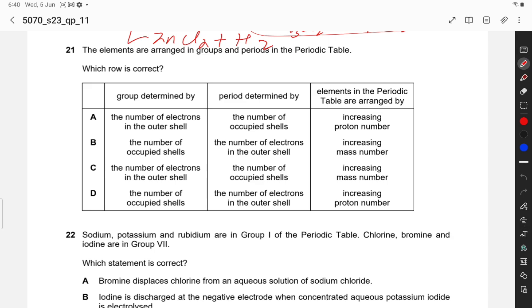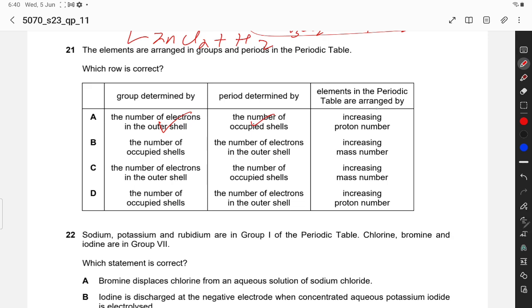Group determined by the number of electrons in the valence, in the outer shell. Yes, it is correct. Period determined by the number of occupied shells. It is correct.